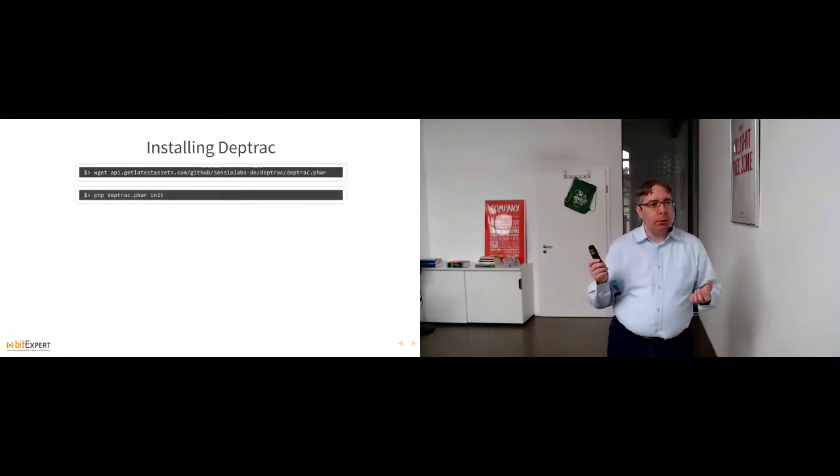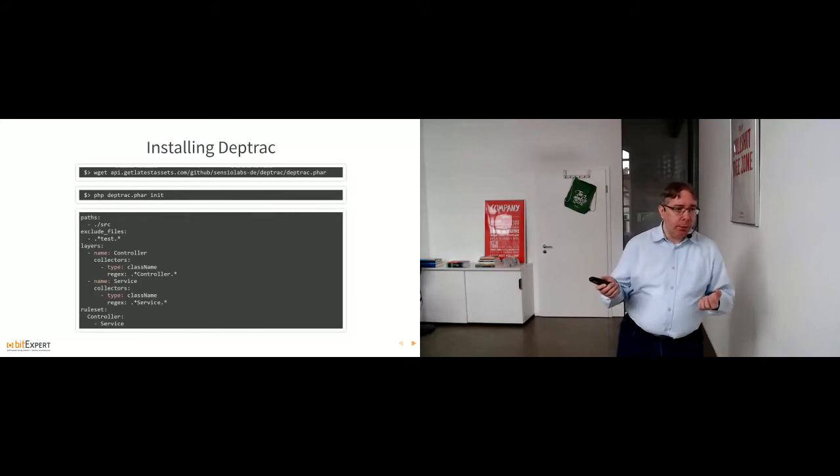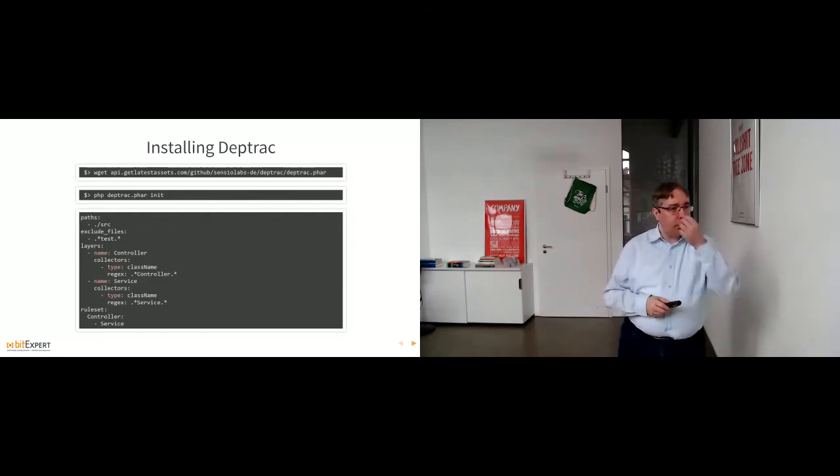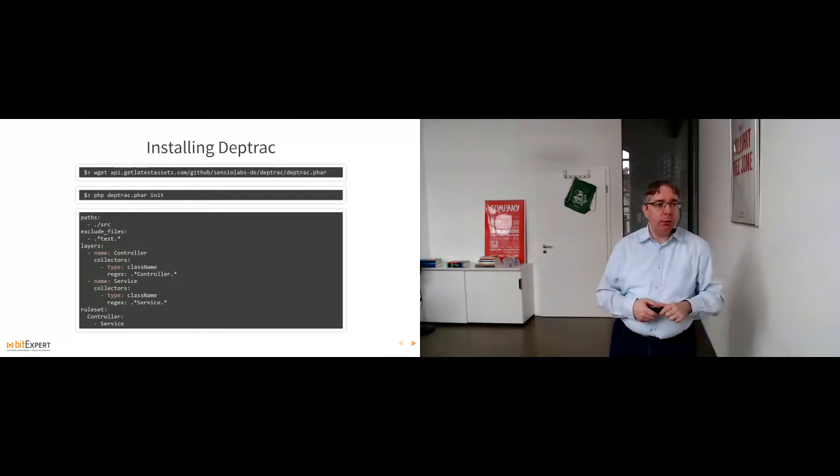So we get it, we run it with the init command. It will create a configuration file that looks like this, and there's the whole magic. So on top we define a source path saying these are the files, please have a look at them. Exclude any test files because we don't care, and then we define our layers, saying there is a layer controller.